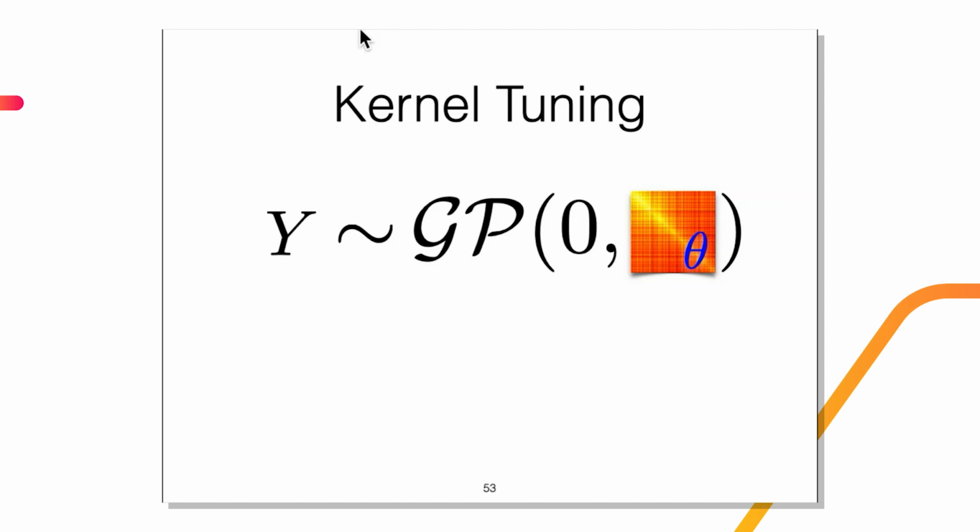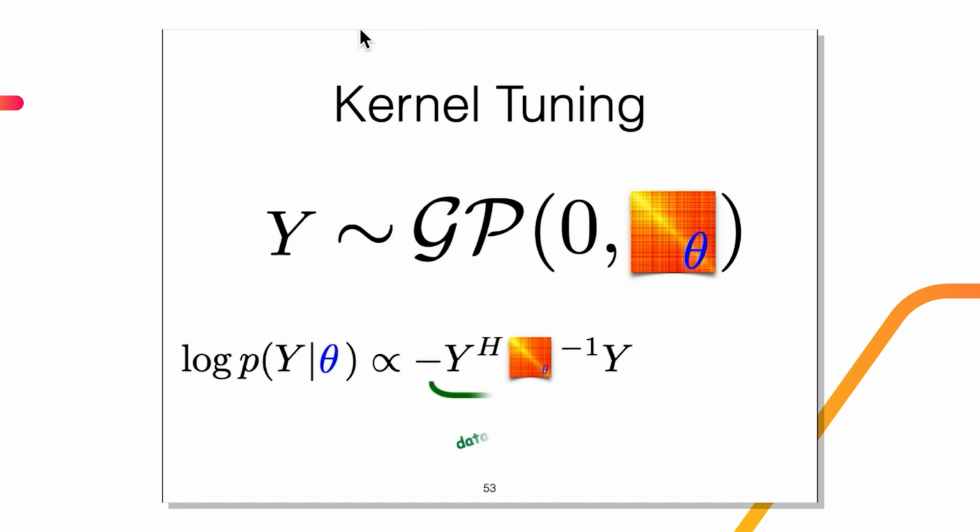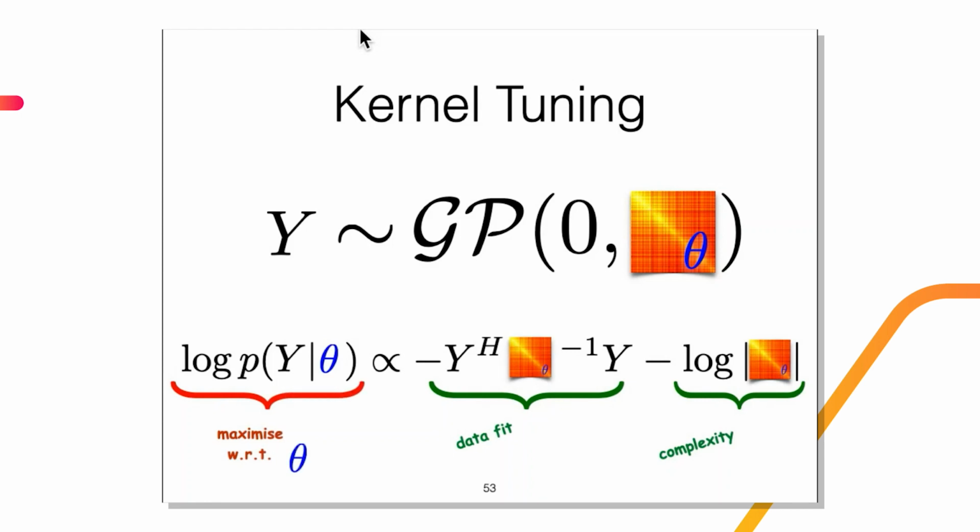You all know that, right? Okay, that's fine. So this is the expression, the logarithm of the marginal likelihood is given by what we call a data fit and a complexity penalty term. We maximize this with respect to theta.